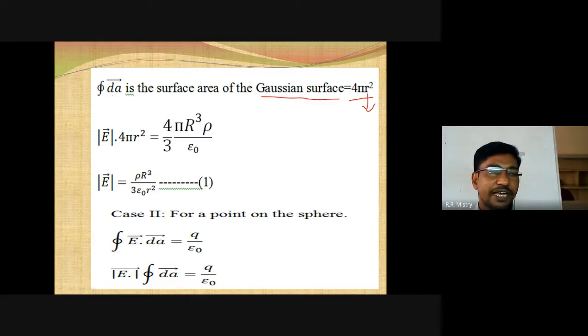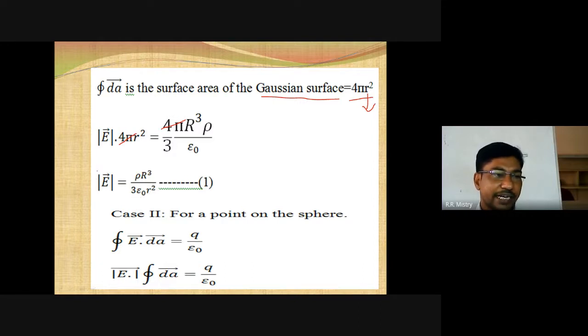The surface integral of dA is equal to 4 pi r square, where small r is the distance of P from O. Therefore the magnitude of E, mod of E, since we consider the positive quantity, multiplied by 4 pi r square is equal to this value. Simplifying, the 4 pi cancels, and mod of E is equal to rho R cube upon 3 epsilon naught r square.